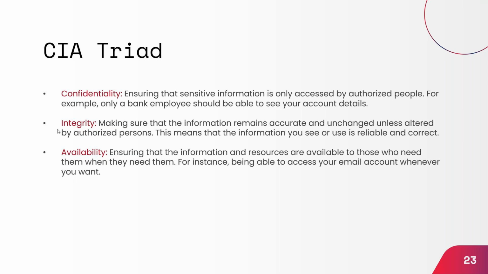If that information is accessible to someone else, let's say I'm also a user in the same branch, and if I am able to access your bank balance or see your profile information, there is no confidentiality.